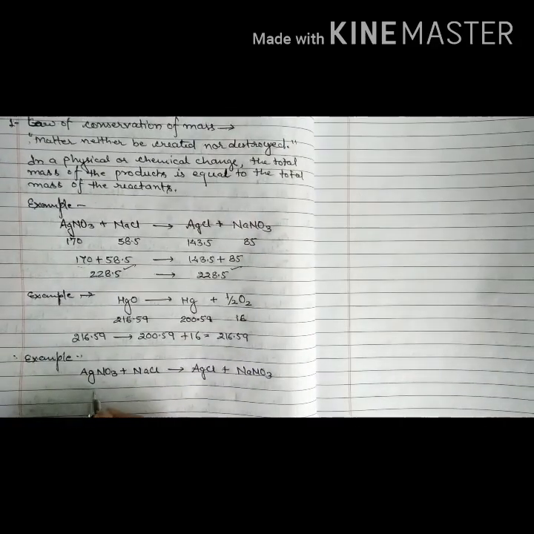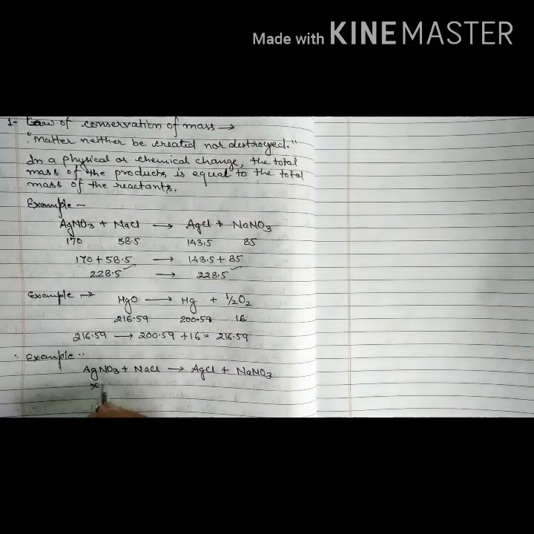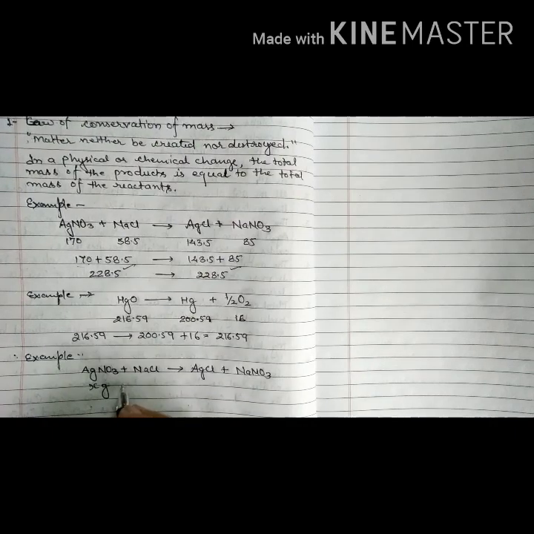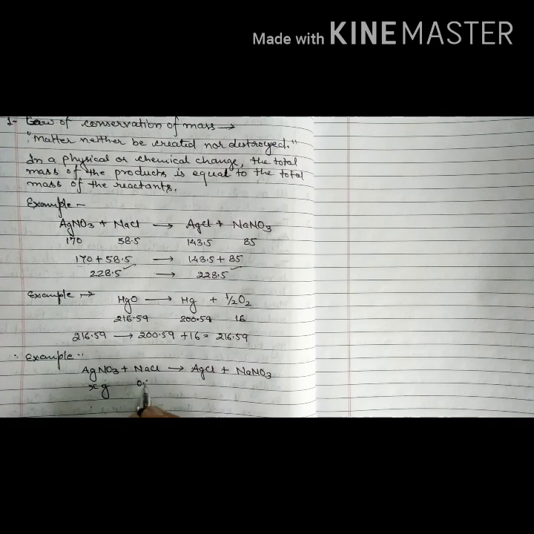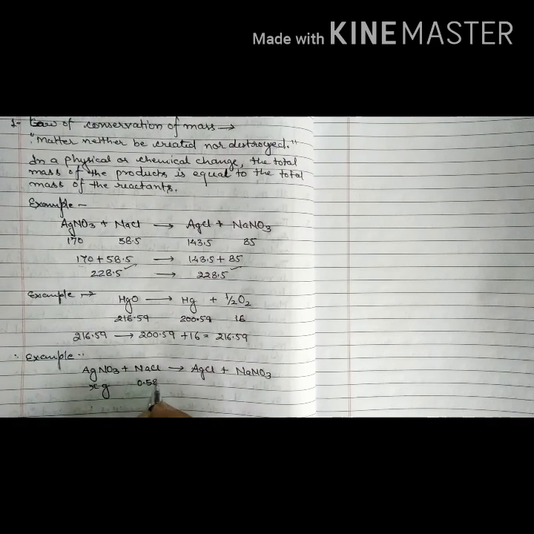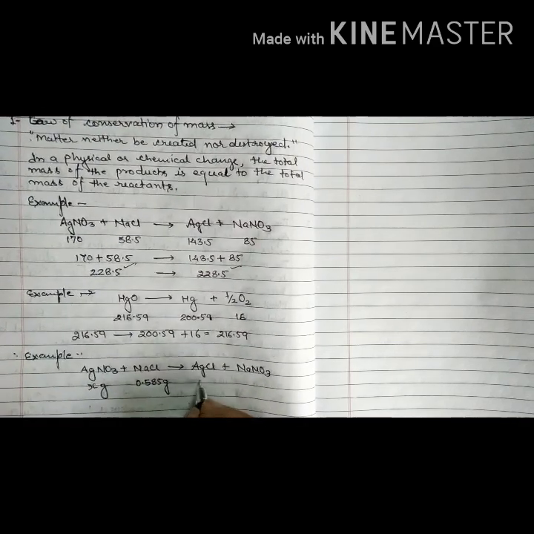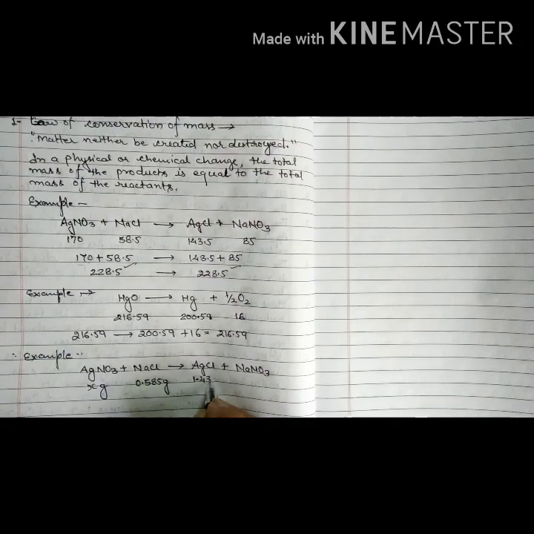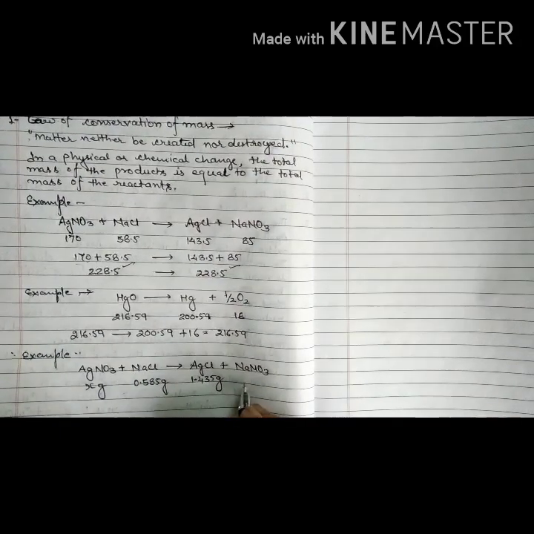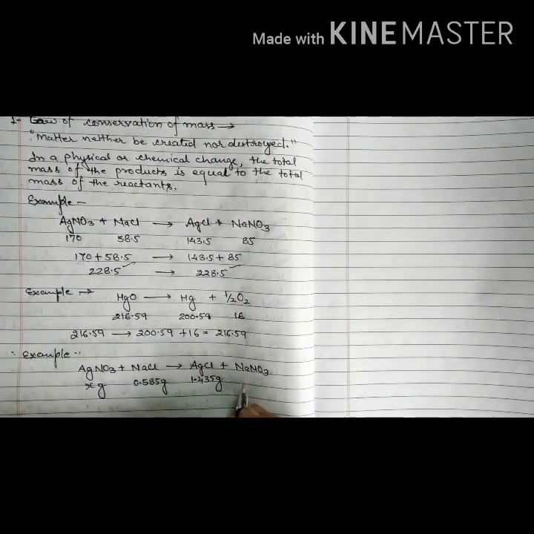We don't know the mass of silver nitrate taken for the reaction, but we know the mass of sodium chloride, the mass of silver chloride, and the mass of sodium nitrate.